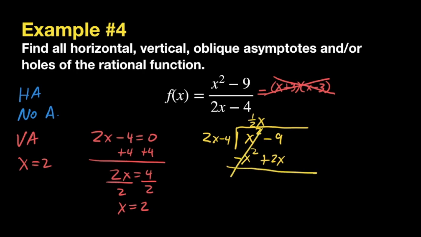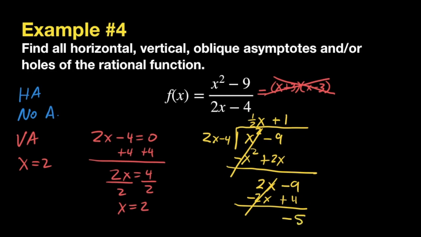This cancels, and we have 2x minus 9, and we're going to multiply by 1, negative 2x plus 4, cancel, and our remainder is going to be negative 5.